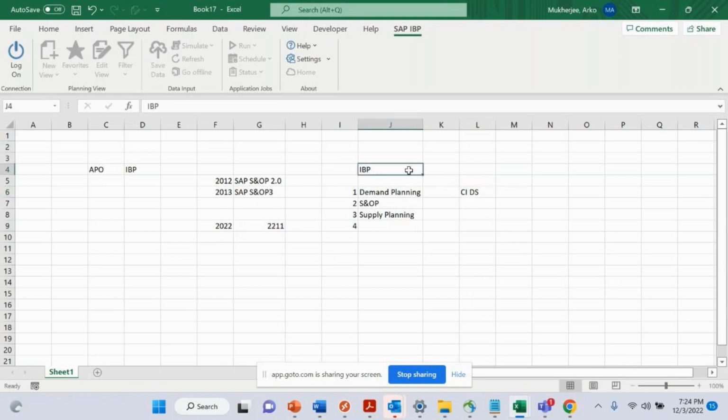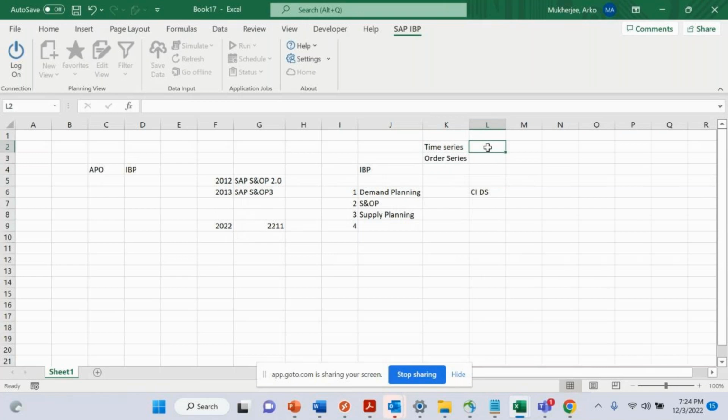Let me mention that in IBP we can do two types of planning. One is time series and the next one is order series. In the time series part, it comes as finite heuristic, infinite heuristic, and optimizer as well. In order series, we have sales, response and supply planning, and the optimizer as well.